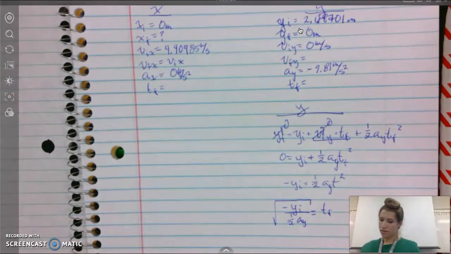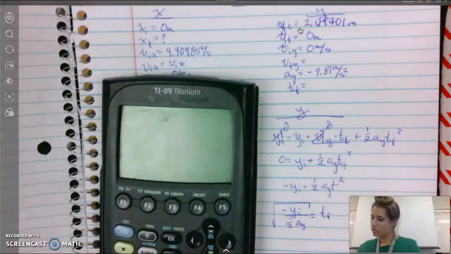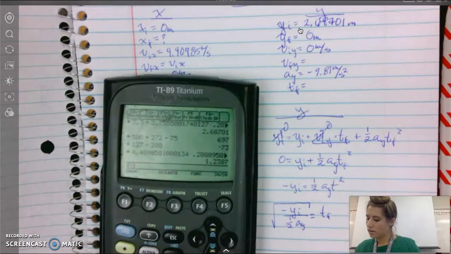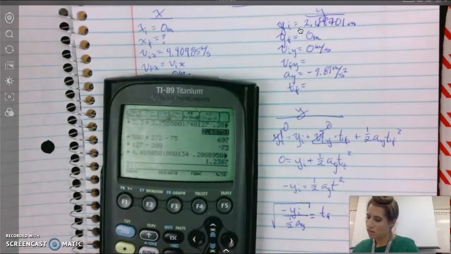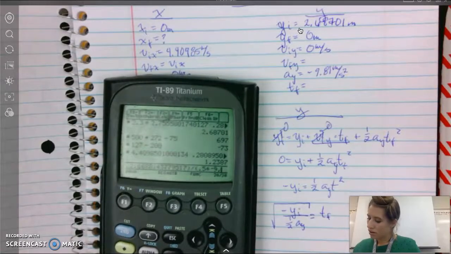All right, we have those numbers. Let's put that in. So I want the square root of negative y initial. I'm going to go up and grab that 2.6 number, divided by 1/2 or 0.5 times negative 9.81.